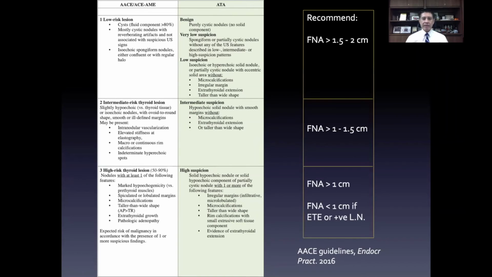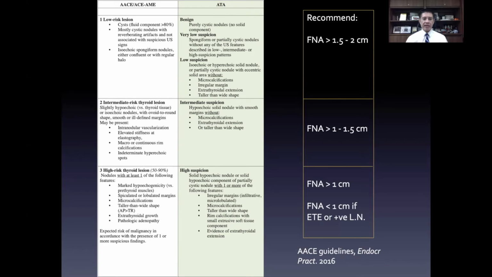This then determines the need for fine needle aspiration biopsy according to size of the nodules. So for the low risk category, we would biopsy nodules larger than 1.5 to 2 centimeters. In the intermediate risk category, we would biopsy nodules larger than 1 to 1.5 centimeters.